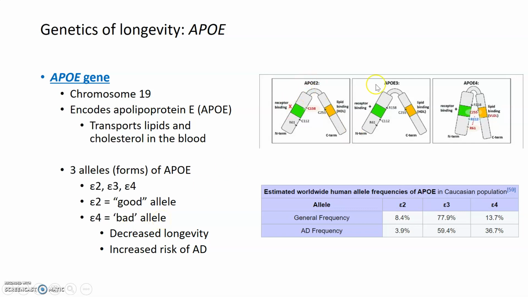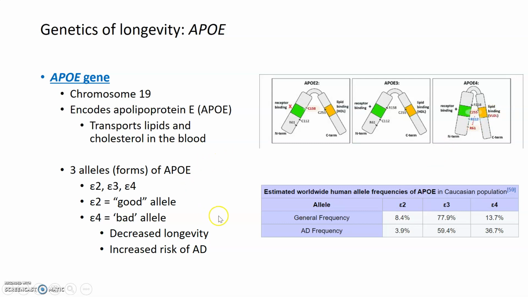And you can see the different structures of the resulting proteins of these different ApoE alleles. ApoE2 has a protein shaped like this, with a large area that lipids can bind to, whereas ApoE4, or that bad allele, encodes a protein that ends up tightly closed and doesn't allow a lot of lipid binding.